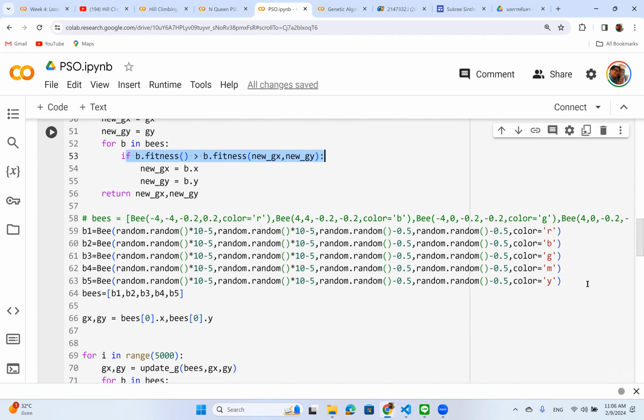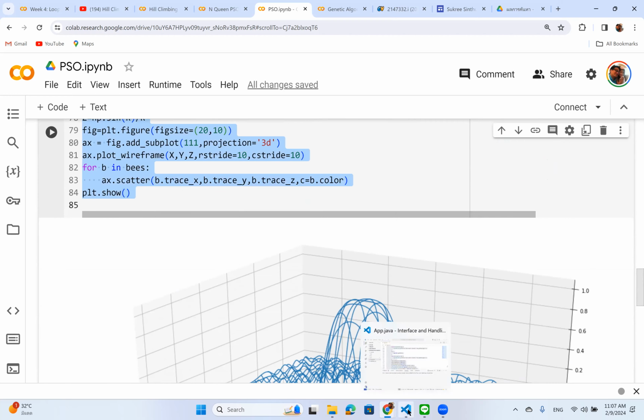Okay, and do it 5,000 rounds, and this is the result. You can do it also.